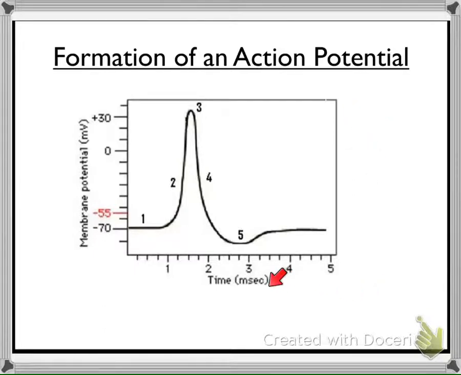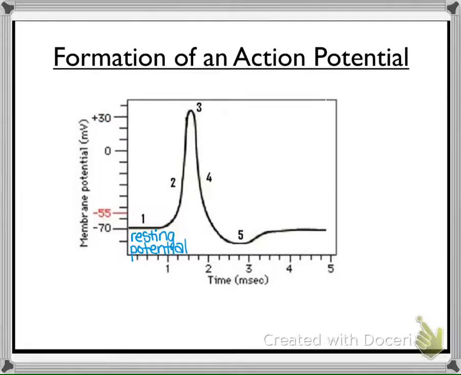So on the x-axis, we're looking at time. So this is an action potential that's happening over time. And again, very quickly, happening in milliseconds. And over time, what we're doing is we're reading that membrane potential, so the charge difference between the inside and the outside of the cell, and we're measuring that in millivolts.